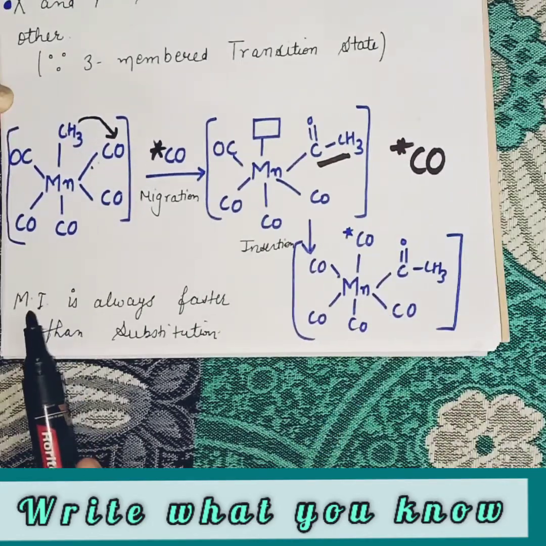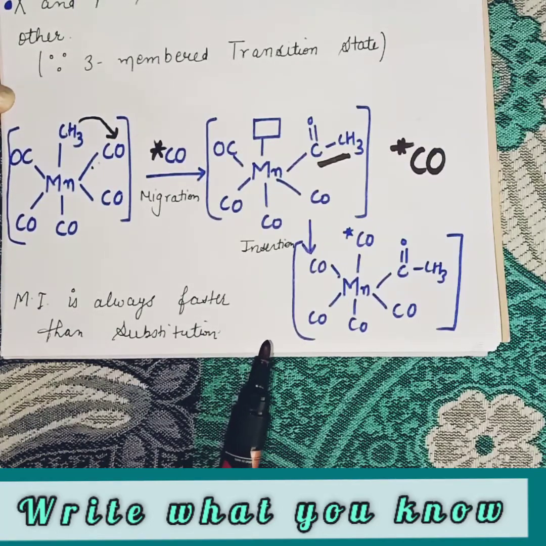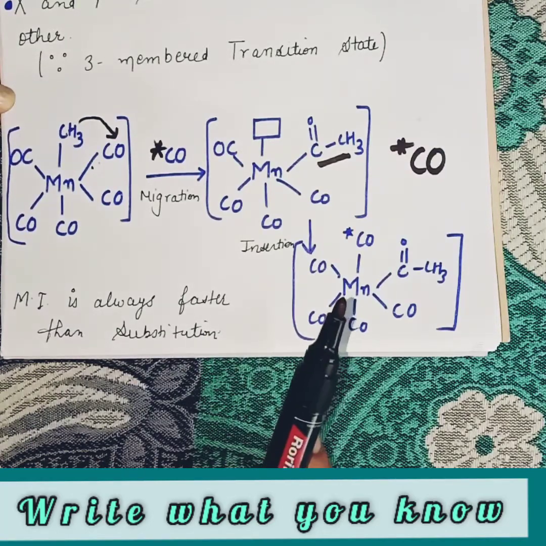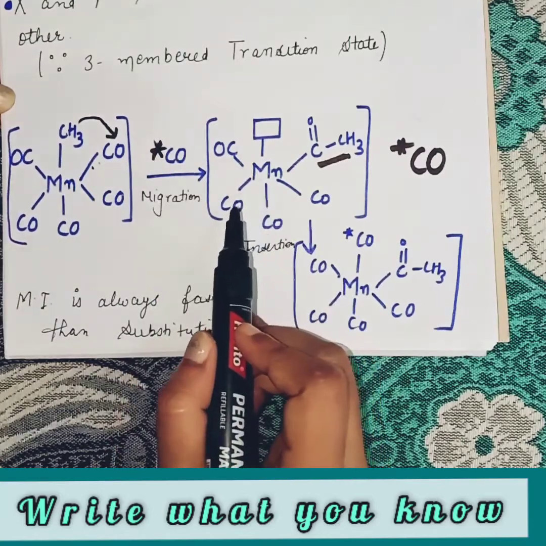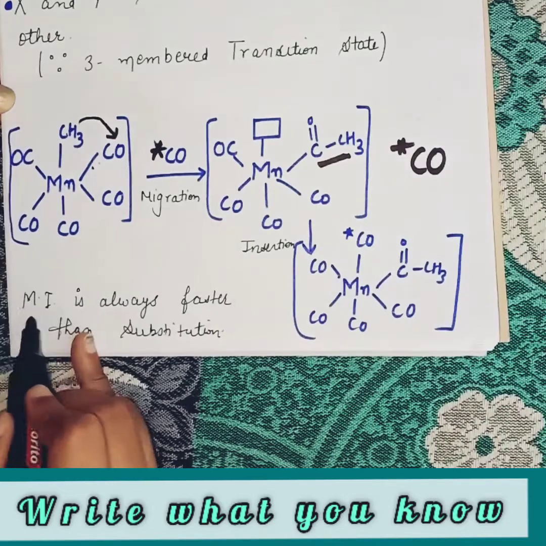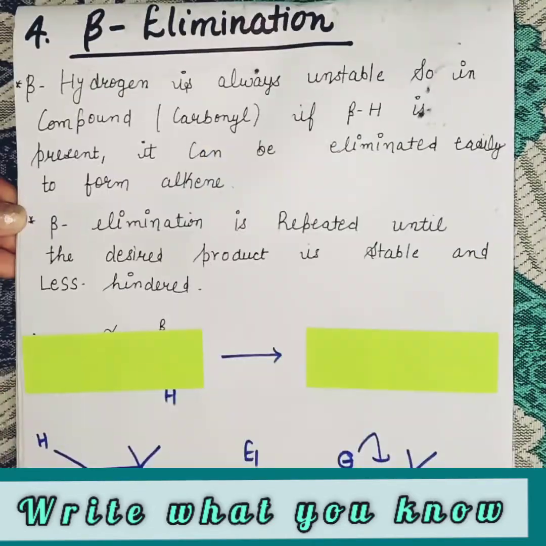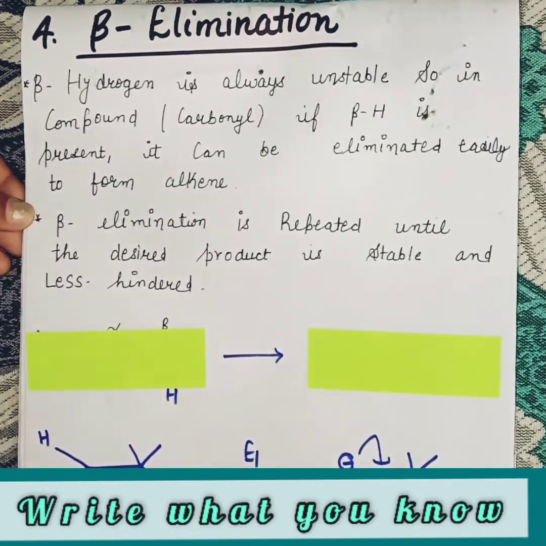So guys, migratory insertion is always faster than substitution. If we have a choice between substitution and migratory insertion, then migratory insertion is the faster reaction, and we have to choose the migratory insertion reaction. The last one is beta elimination. So what is beta elimination?